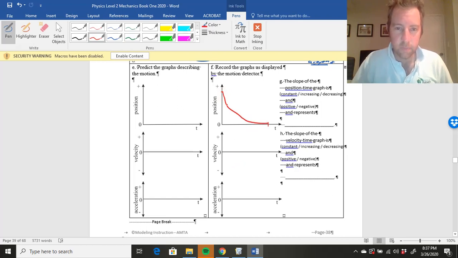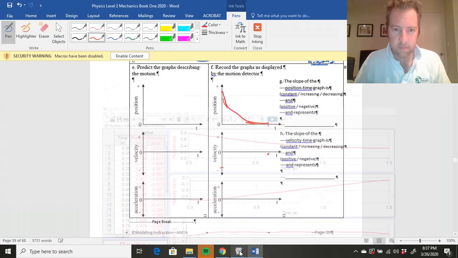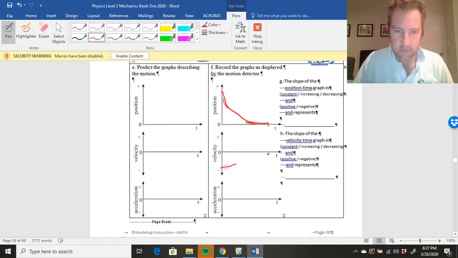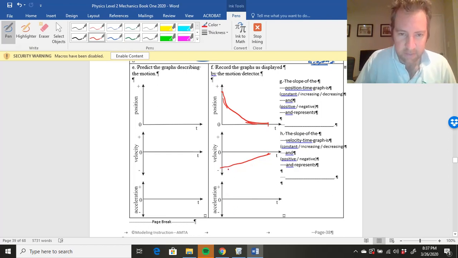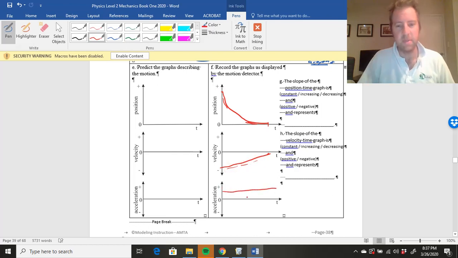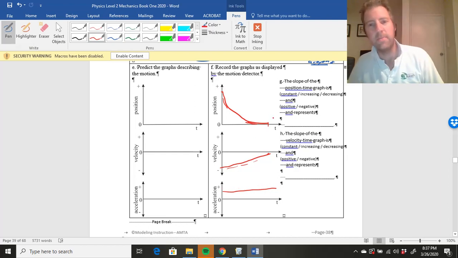My velocity is a negative slope, and then it's still a negative slope, but it's getting closer to 0. Is that what I had? Yeah. So there's my velocity, nice straight constant gradient. And my acceleration, even though this velocity is negative, the gradient is positive the whole time. If I used a ruler, it would be much better, but that's meant to be a horizontal line.